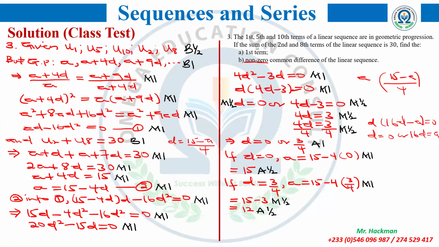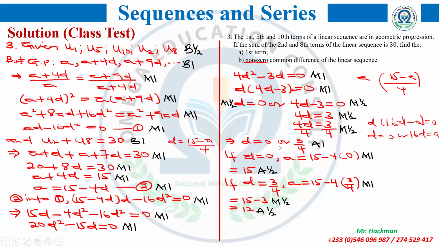Sir, please, I wanted to ask, how can we accept A is equal to 15 if we use the D is equal to 0 to find it? No, A is equal to 50. No, you see, this is the point. You have two values for D, is that not it?